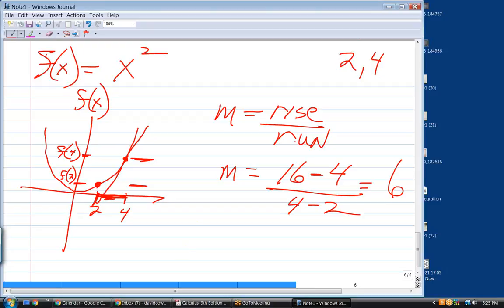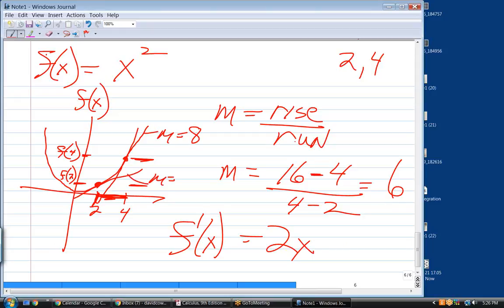The first derivative is 2x. If I wanted the slope at 4, I would plug in 4 and the slope would be 8. If I wanted the slope at 2, it would be 4. So it turned out that the average rate of change was halfway in between, which is something you would expect if you looked at the graph.